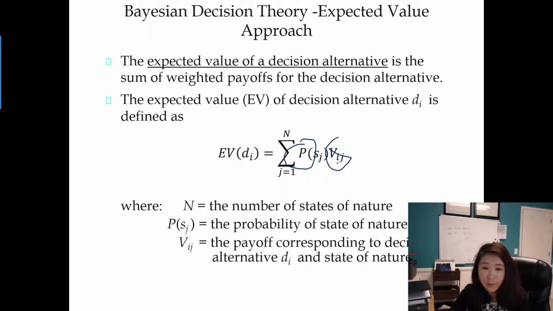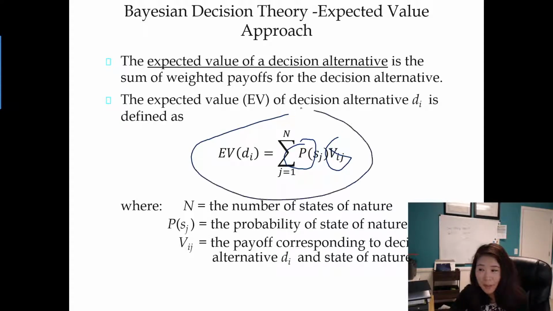For each payoff under the corresponding state of nature, you multiply by the probability of that state of nature. It's kind of complicated to look at this formula, so let's look at an example, and then you will have a very clear idea how to do the calculation.